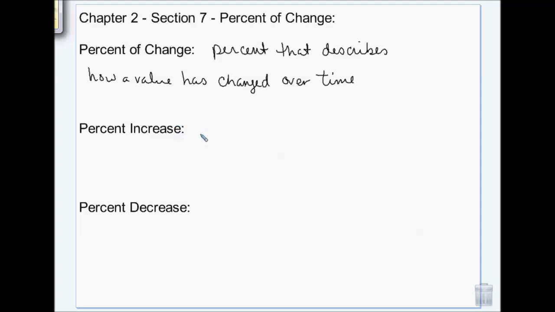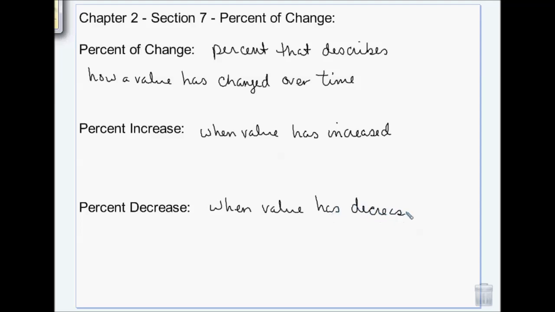Percent increases occur when the value has increased, and percent decreases occur when the value has decreased. So if the initial is less than the final, you have a percent increase. If the initial is greater than the final, you have a percent decrease.